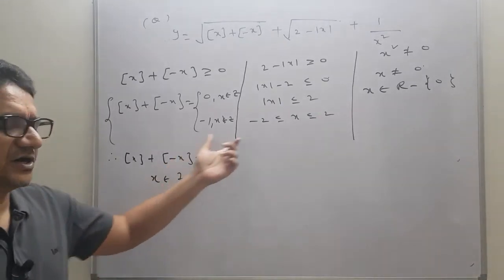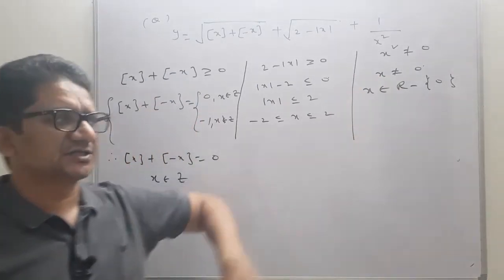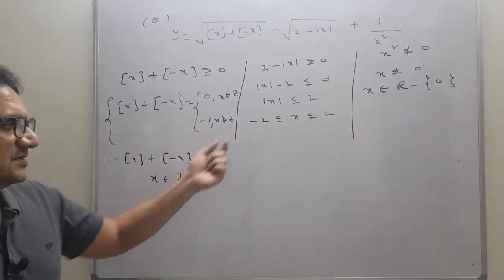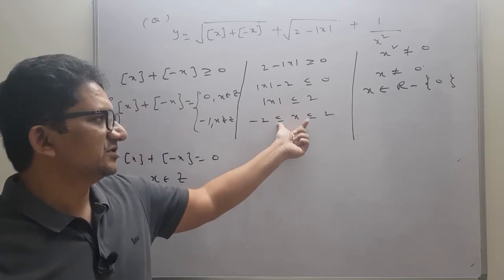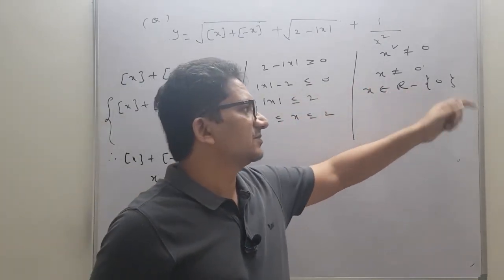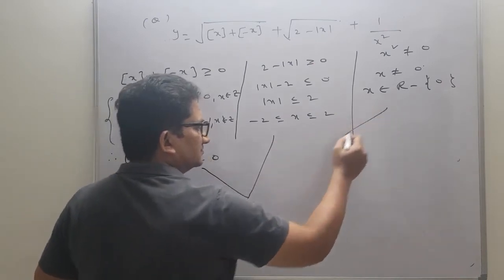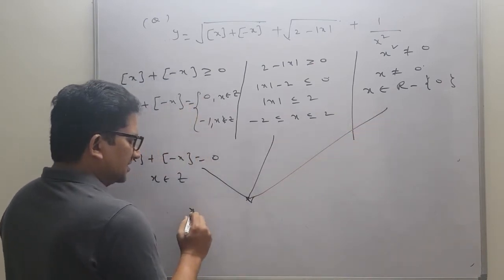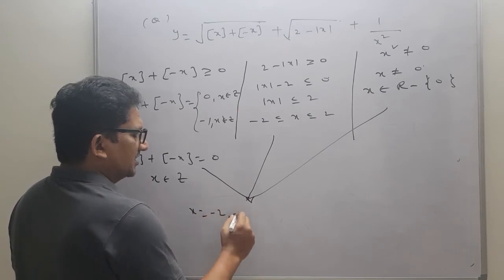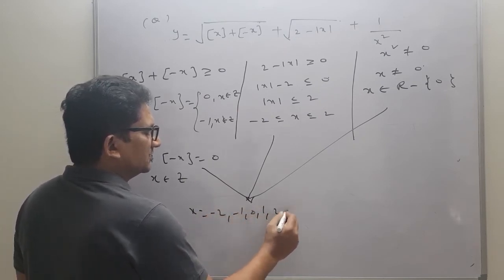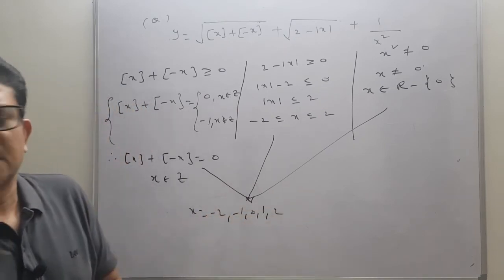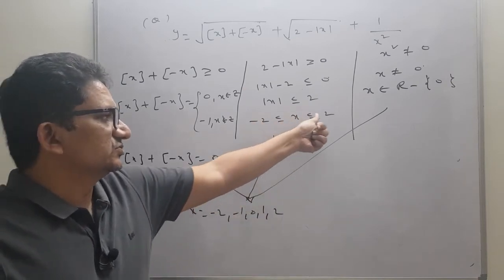Now we will group all the three. So we got three things here: x is an integer, x lies in between minus 2 and 2, and x belongs to R minus 0. Now the intersection of all the three is nothing but x is equals to minus 2, minus 1, 0, 1, 2. Because the common portion, minus 2 to 2, we need to take.